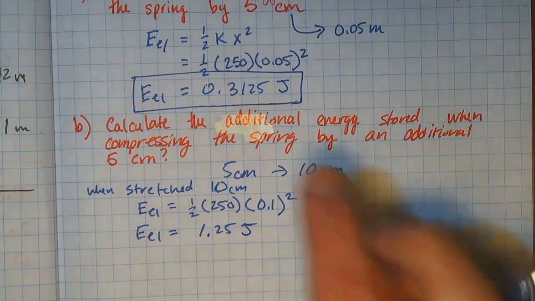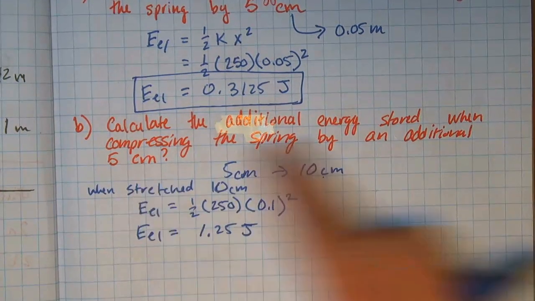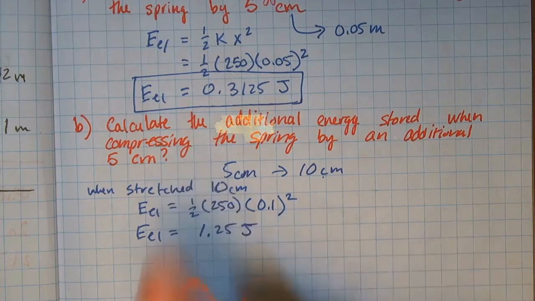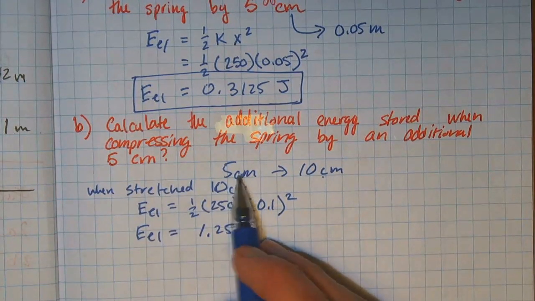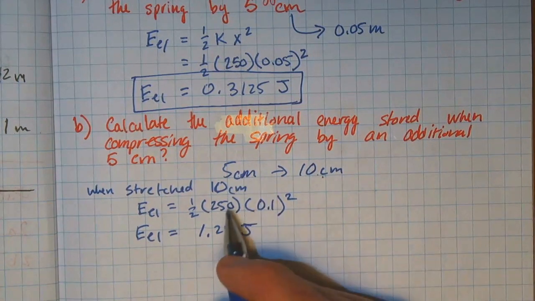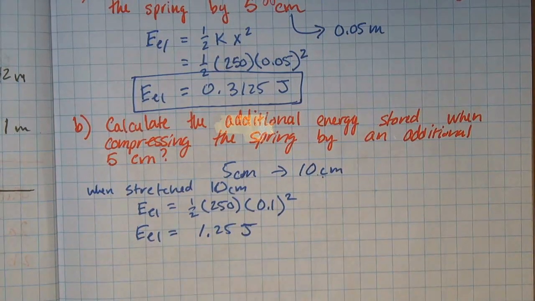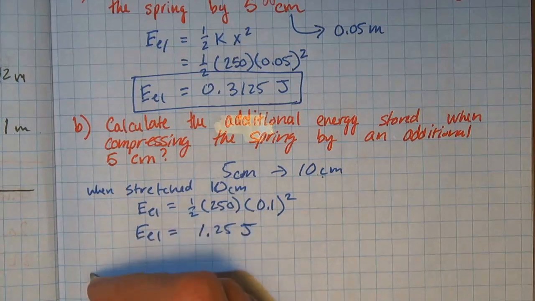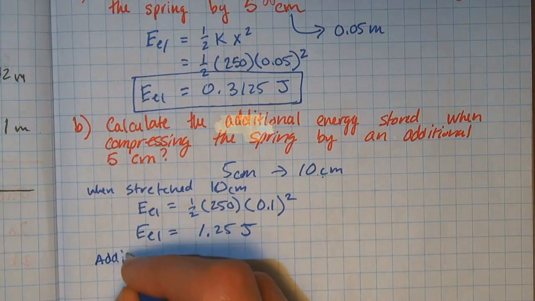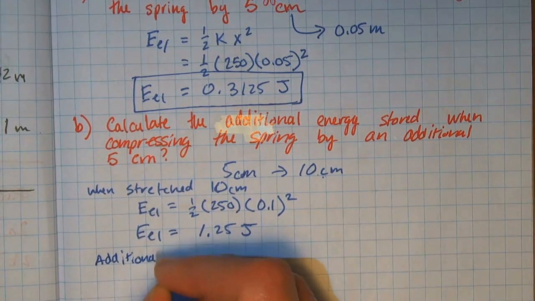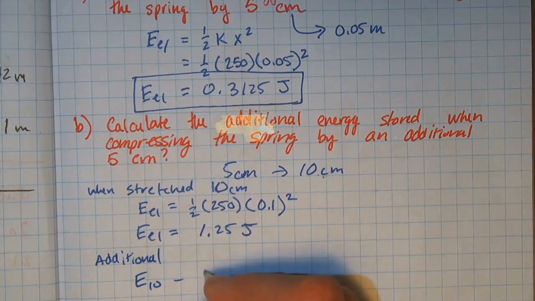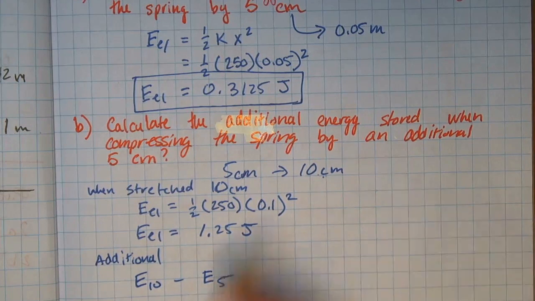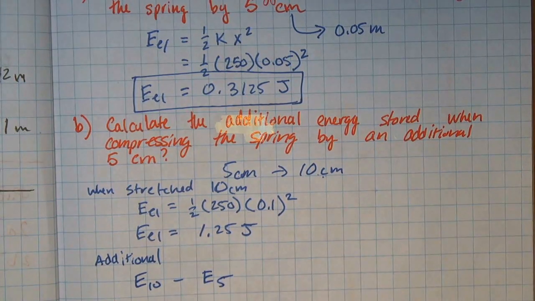But the question is not asking how much energy does it have at 10. It says how much additional energy. So meaning how much energy did we add when we went from 5 centimeters to 10 centimeters? So if this is how much I have at 10, then the additional energy would be the amount of energy it had at 10 centimeters minus the amount of energy it had at 5 centimeters, because that's going to give me the additional energy, like how much I added, right?